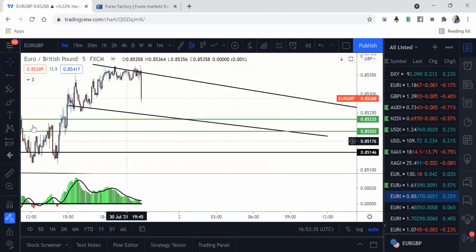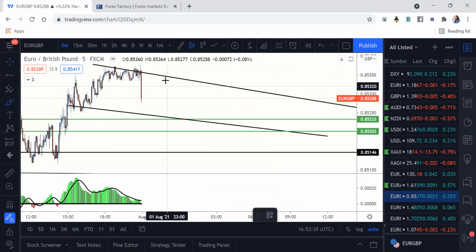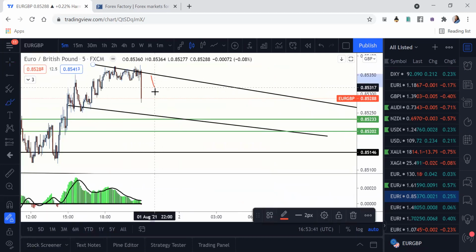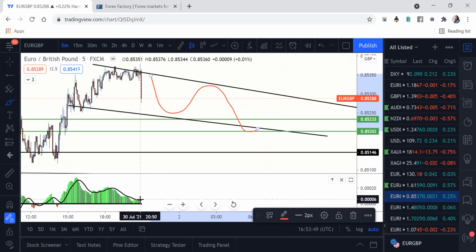So what am I looking for here? I'm looking for price to probably eventually come down to my zone here. At this point, the MACD is probably going to be over here. I want the MACD then to cross over to give me a shift up.